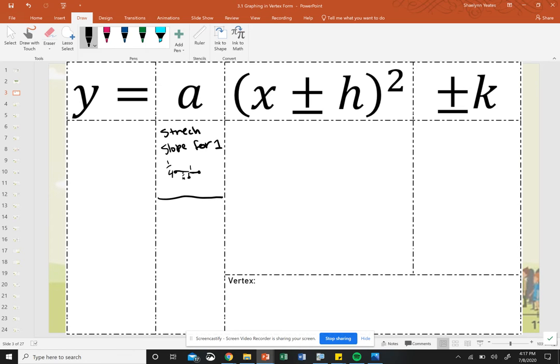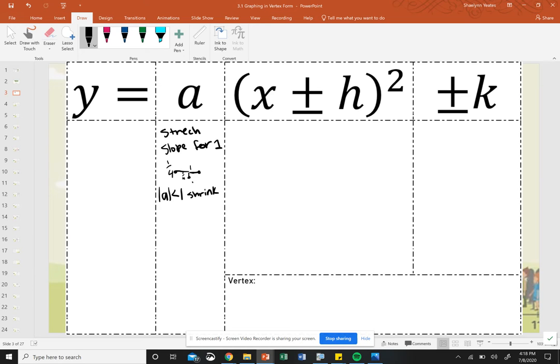A also determines my orientation. If the absolute value of A is less than 1, this is going to be a shrink. In other words, it's going to be wider.